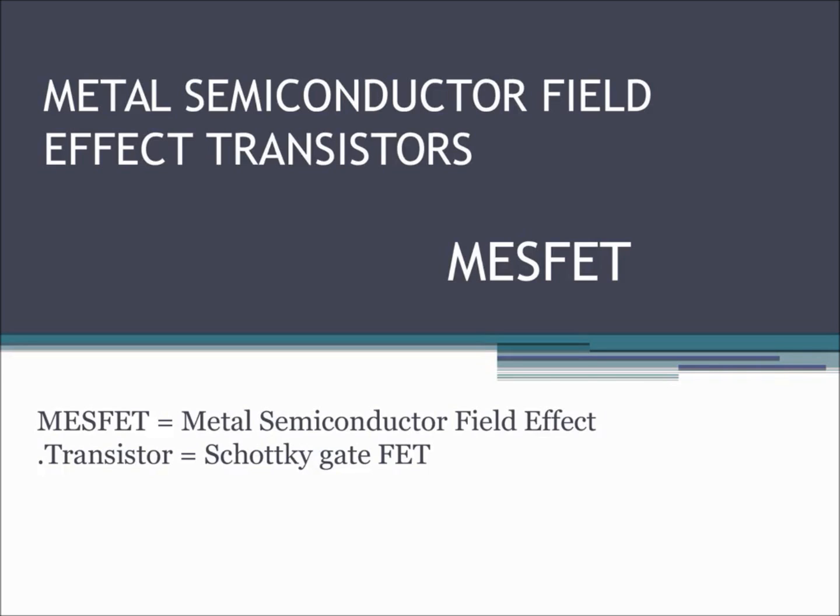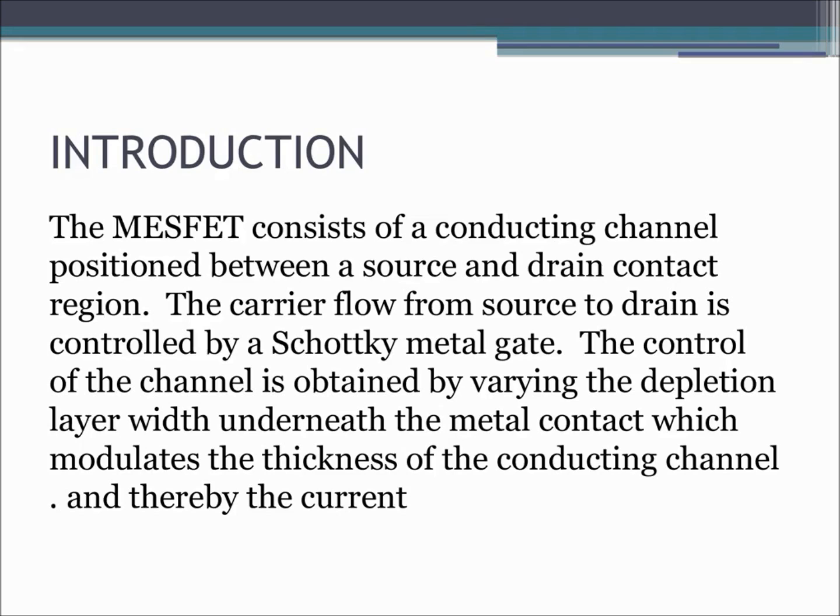And now I'm going to summarize the metal semiconductor field effect transistor, MESFET. The MESFET consists of a conducting channel positioned between a source and drain contact region. The carrier flow from source to drain is controlled by a Schottky metal gate.